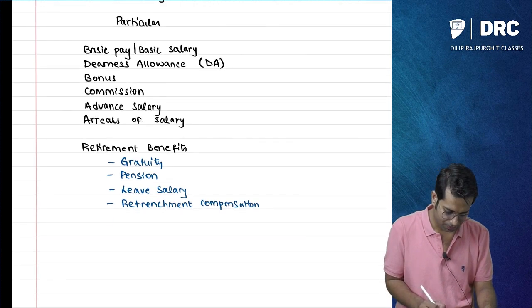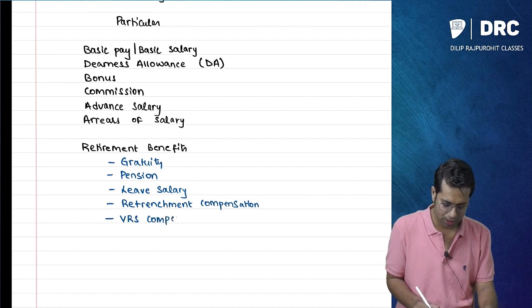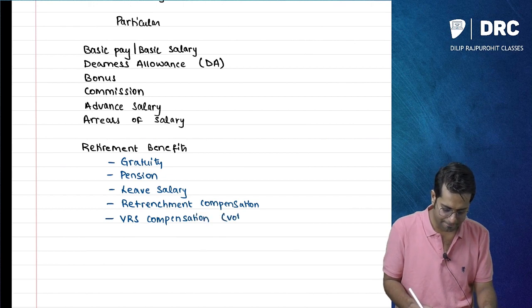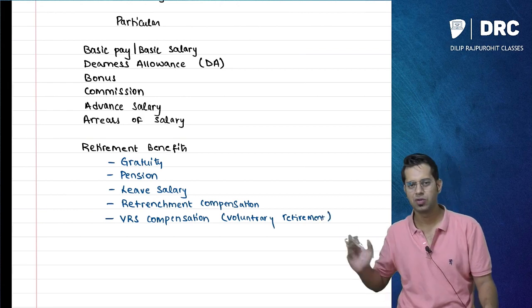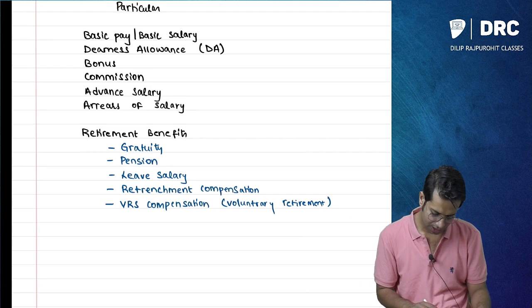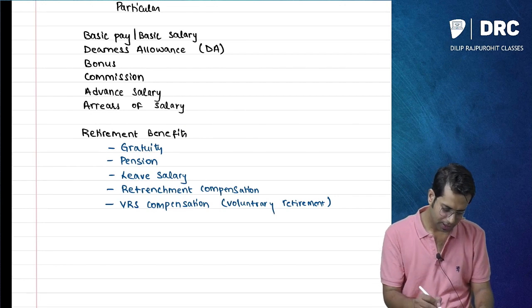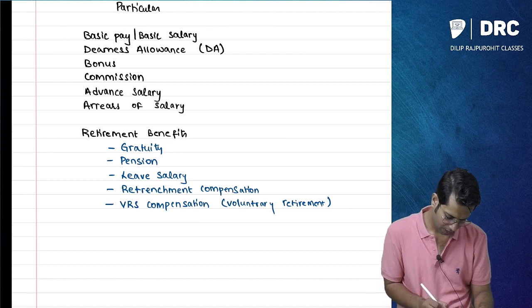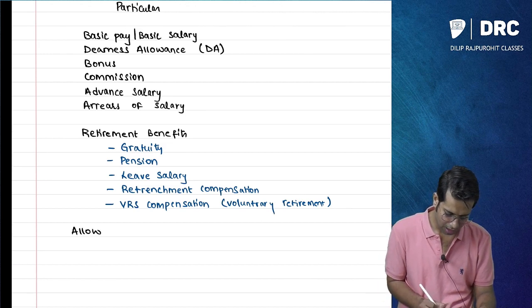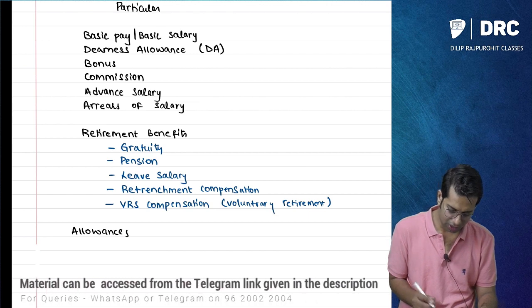then you have VRS compensation. Sir, what is this VRS compensation? Voluntary retirement scheme compensation. VRS means voluntary retirement scheme compensation. Then we have allowances.